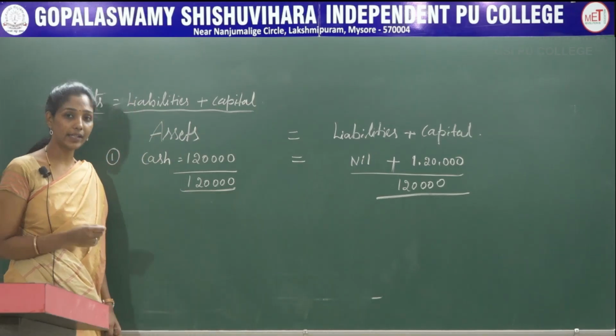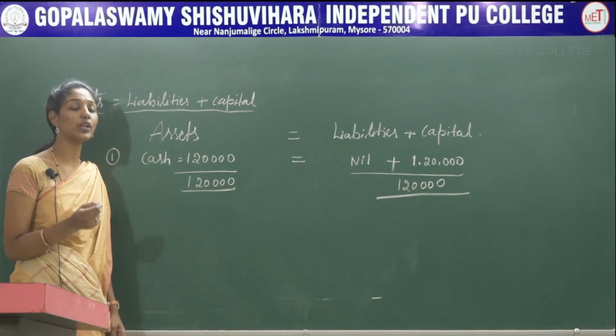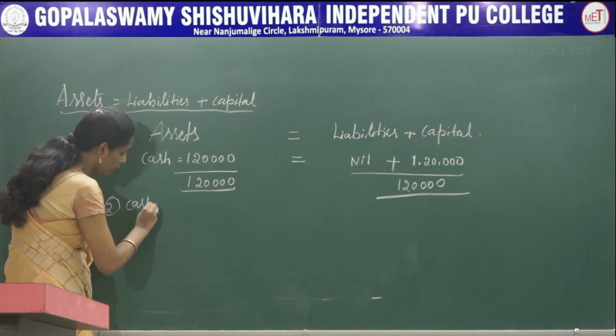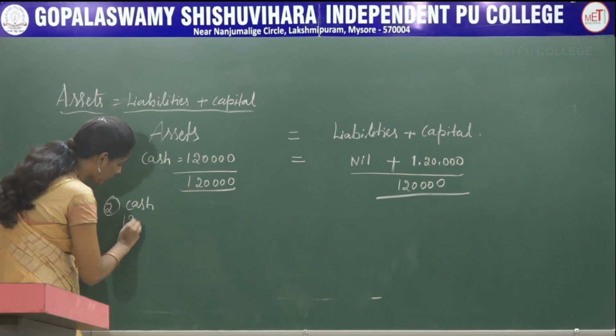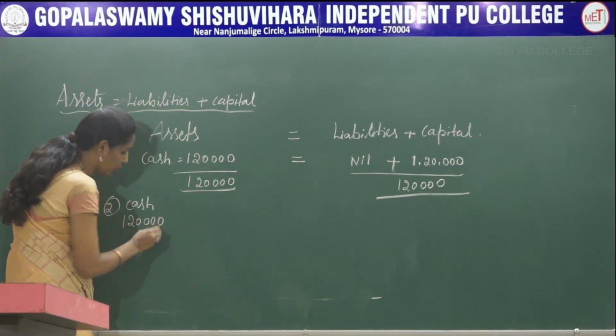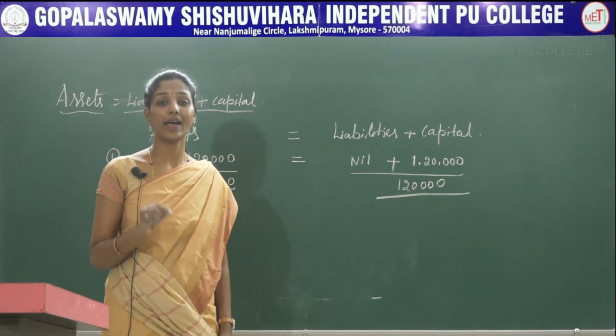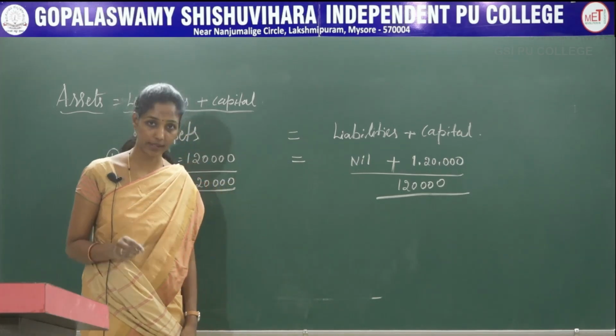For recording the second transaction, first you should copy the previous transaction. Cash, what is the amount of cash? 1,20,000. So here we purchase goods for rupees 10,000 on cash basis.